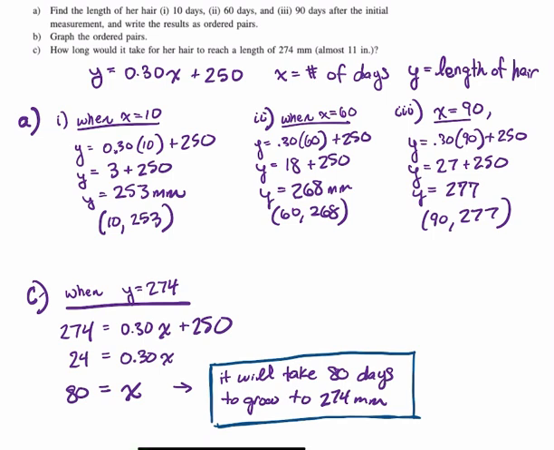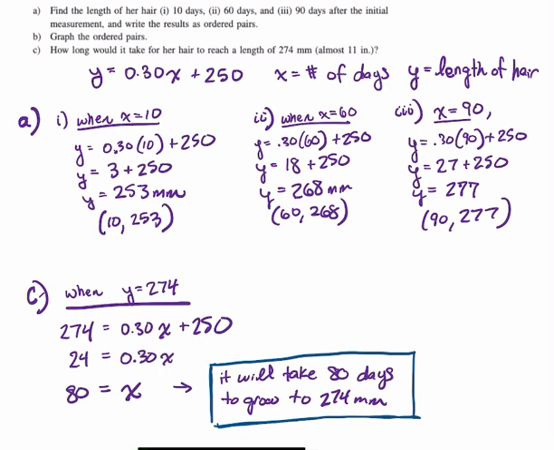If we know what the equation is, we can find any length after any number of days, and from a reverse perspective, we can find out how many days will pass in order to grow to a certain length, and that's what we saw in part C. So you can imagine the same thing applying to many different situations. That's kind of the power of equations, building an equation that represents something in the world. You can start to make predictions and find out things that you wouldn't be able to normally. So that's part of the power of mathematics.